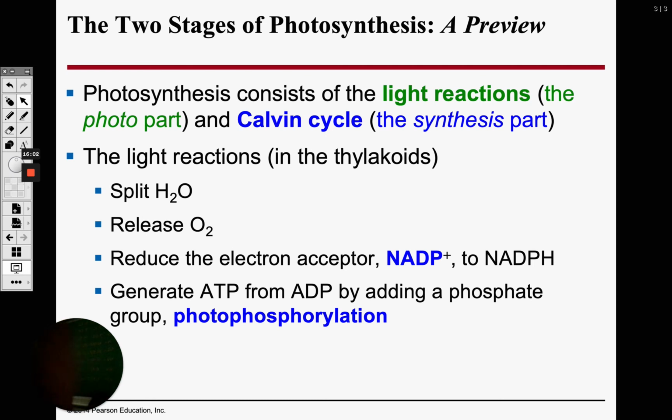Nothing is different there. It's an electron acceptor. And then lastly, along with making NADPH, we're also going to make a little bit of ATP. Not a whole lot, so not enough to keep the plant running. If it were enough, we wouldn't have a reason for the mitochondria, but it's not enough. We're only generating a few ATPs here, so that's why we still need the mitochondria.